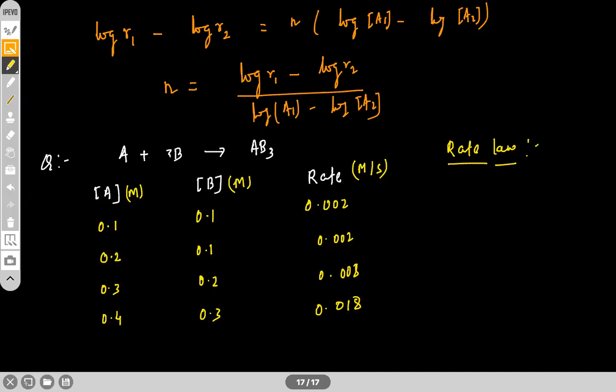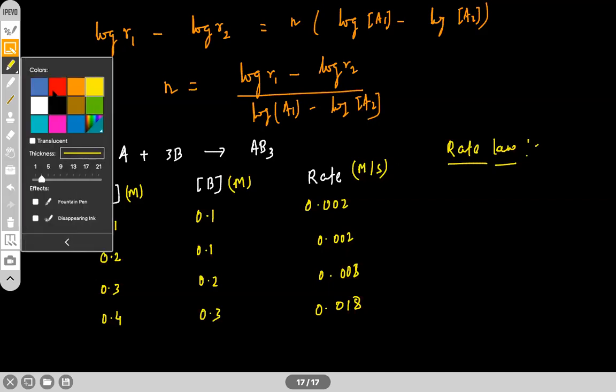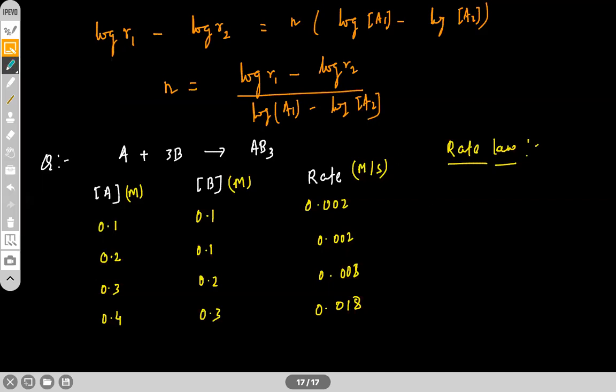See, the reaction is this. We are assuming the rate law as R is equal to K into concentration of A to the power X, concentration of B to the power Y. If you find out this X and Y, we can find out the rate law also. For this, we have the different data given.